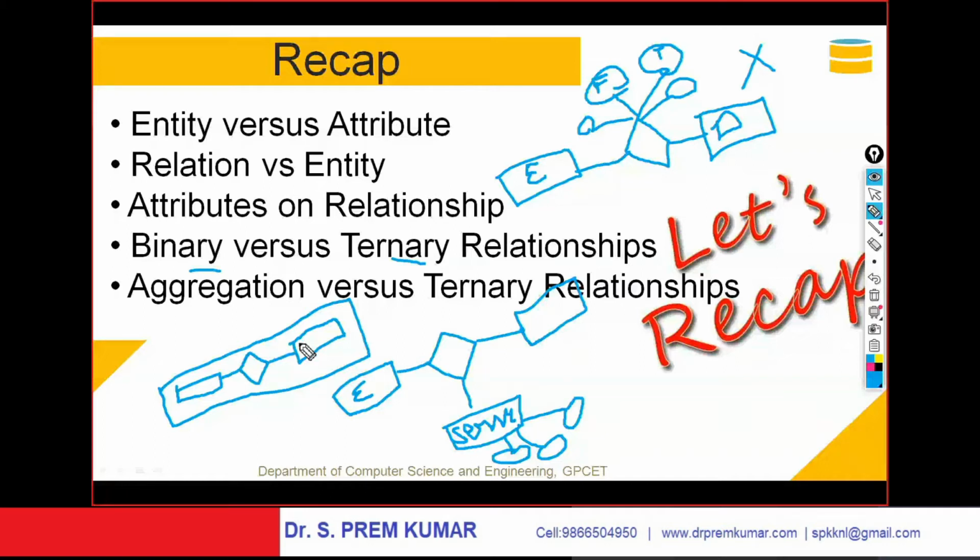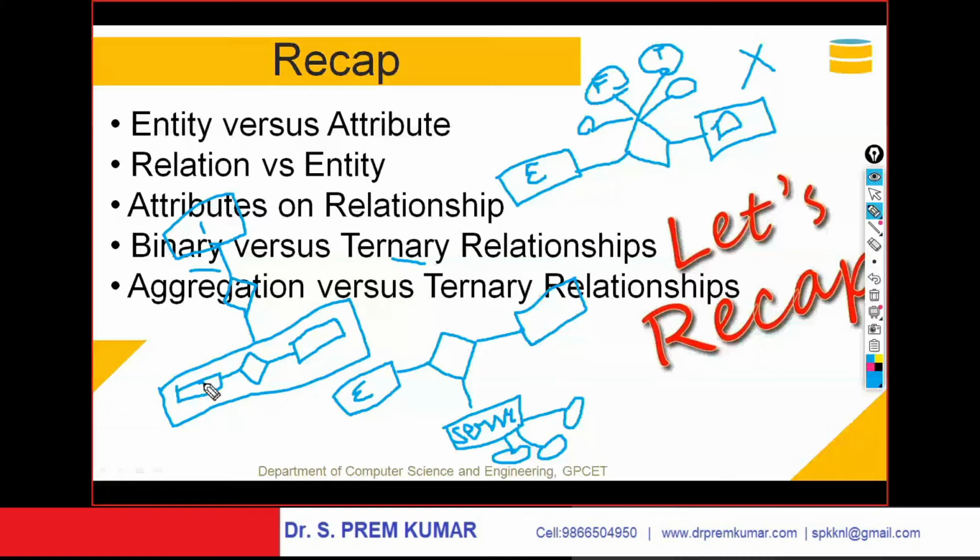An entity got related to this entire stuff. Let me say this is entity 1, entity 2, entity 3. Entity 1 got related to entity 2 as well as entity 3.